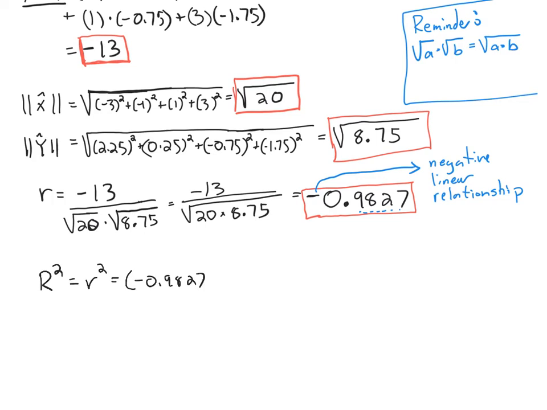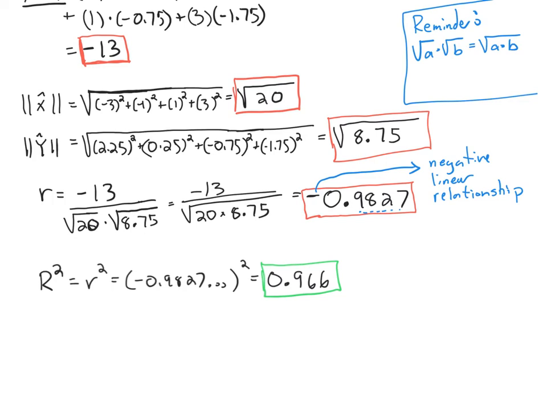In fact, I wouldn't round. I would just keep whatever was in my calculator, and then I would square it, and you can check that you get 0.966 rounded to 3 decimal places. So the exact same r squared that we calculated in the previous example.